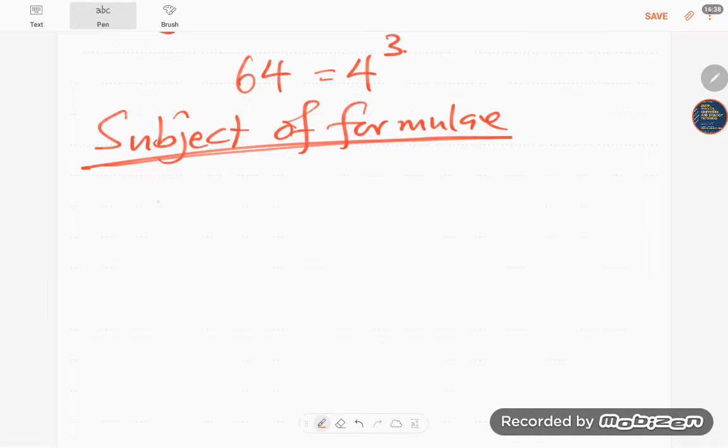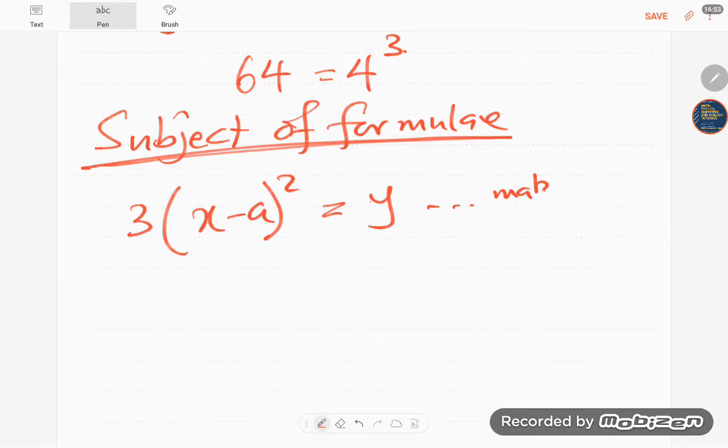Let's say you're given 3x minus a squared equals y, right? So we want to make, for example, a the subject of the formula.